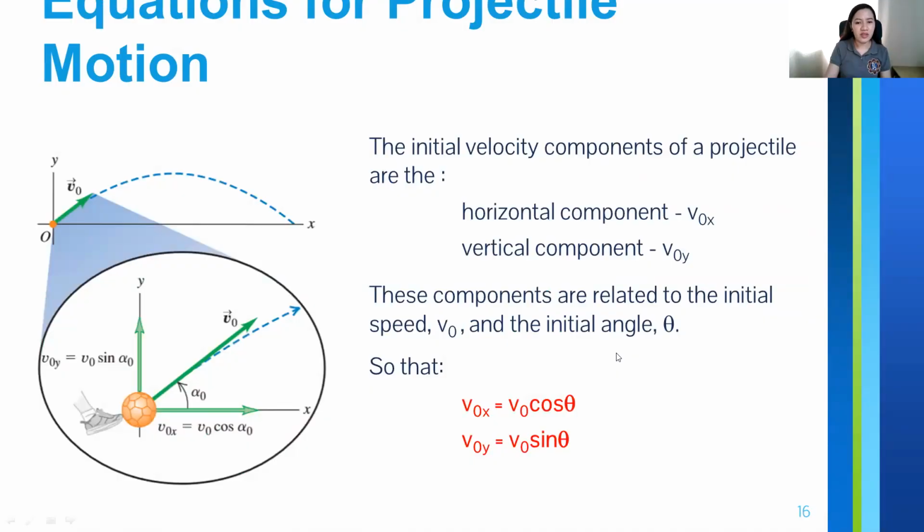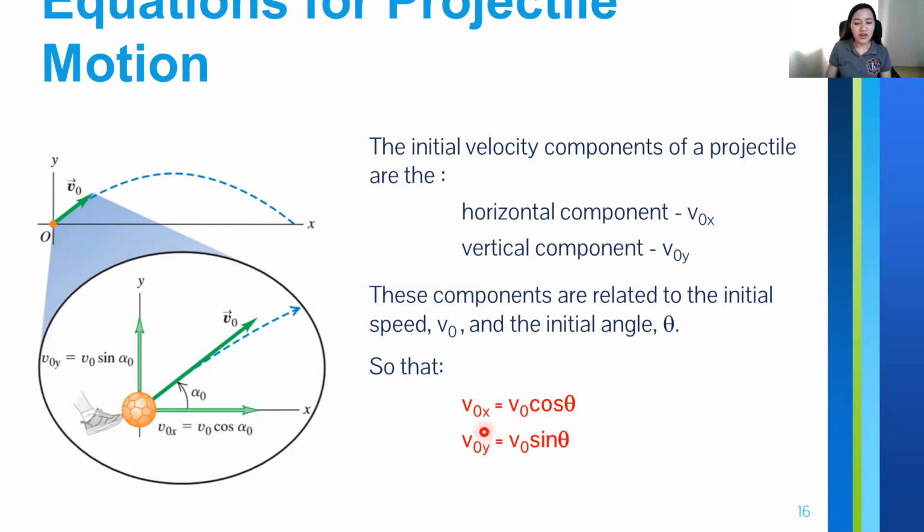Okay. So the initial velocity components of a projectile are the horizontal component and the vertical component. So V sub Ox and V sub Oy, or we can sometimes use I for initial. These components are related to the initial speed, V sub O, and the initial angle, theta, or we can use launch angle for this.